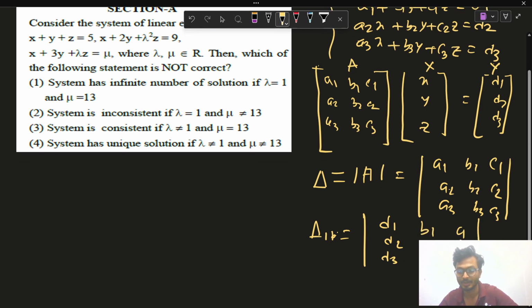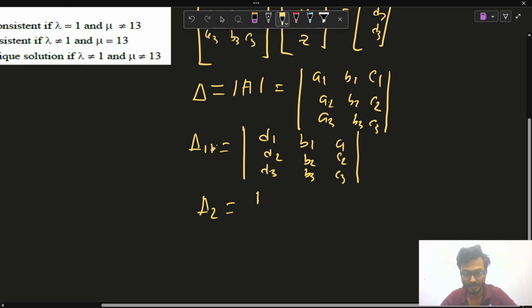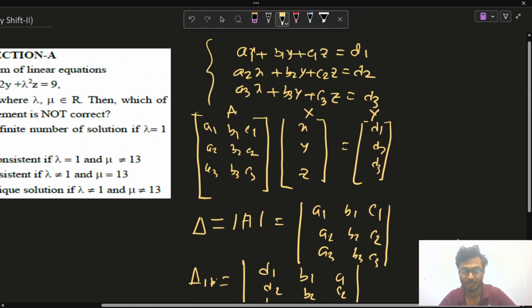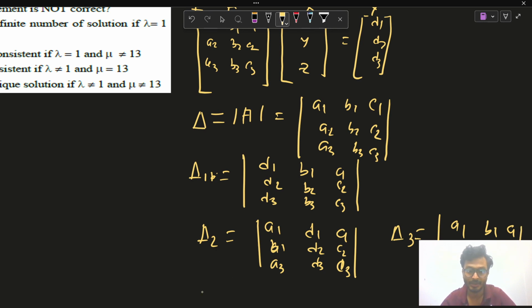This is delta 1. And what is delta 2? Delta 2 is similarly a1 a2 a3 with the second column replaced by d1 d2 d3, then c1 c2 c3. And similarly delta 3 is a1 a2 a3, then b1 b2 b3, then the last column replaced by d1 d2 d3. So this is our delta 1, delta 2, delta 3.